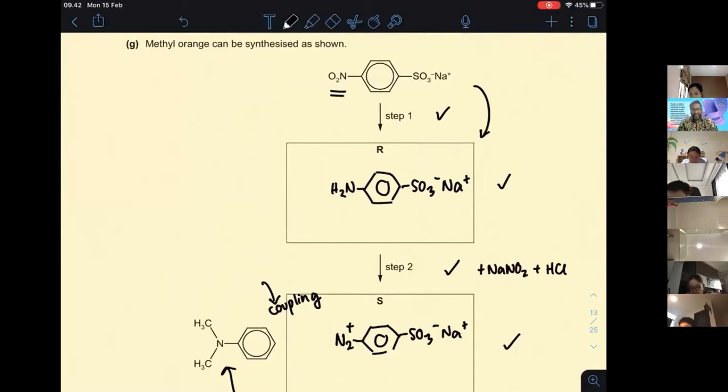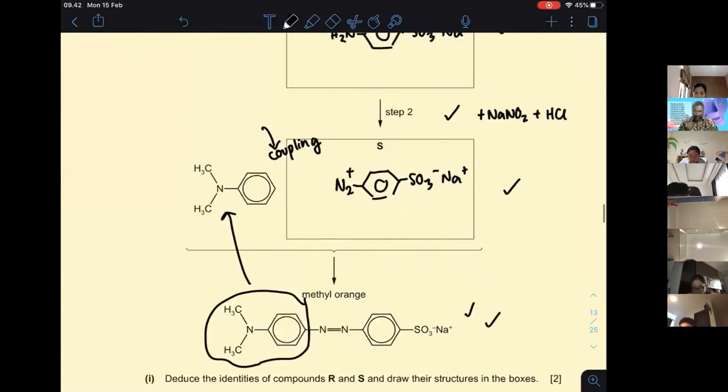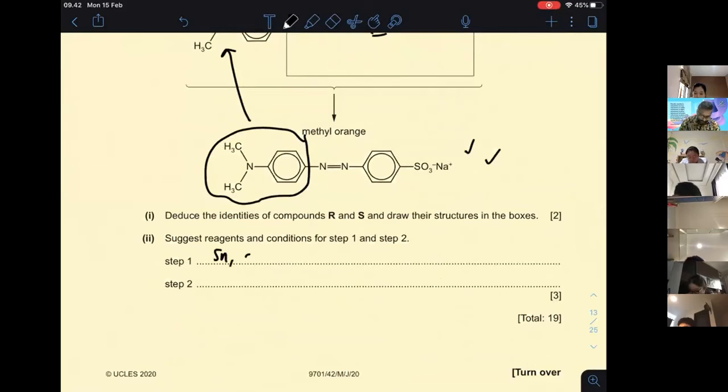This one is the reduction of nitrobenzene, so you need to use Sn, tin, and concentrated HCl, and then you need to heat. So I'll just put Sn, concentrated HCl, heat.